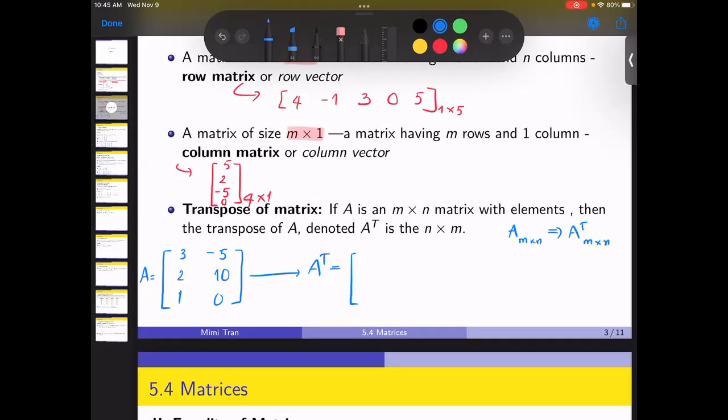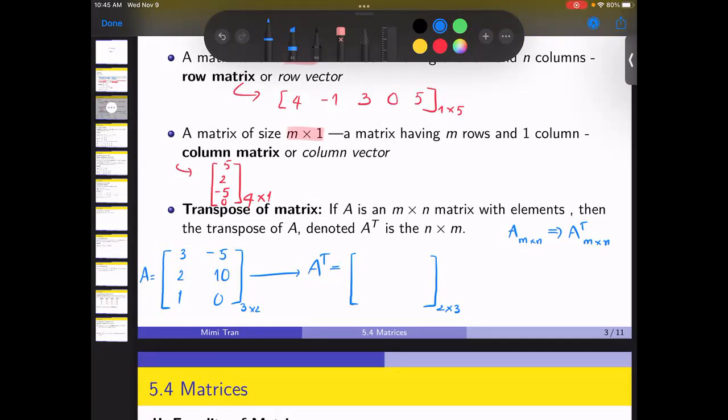Can someone tell me what A transpose is? Yeah, 2 by 3. So what does 2 by 3 look like? First column becomes the first row, right?